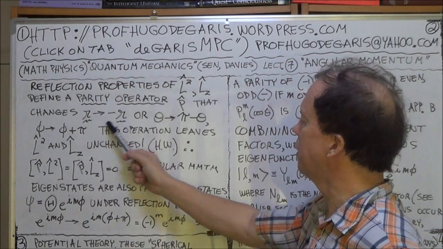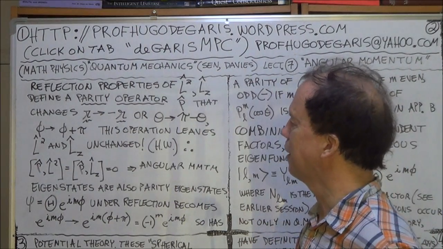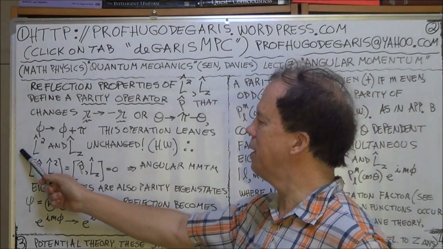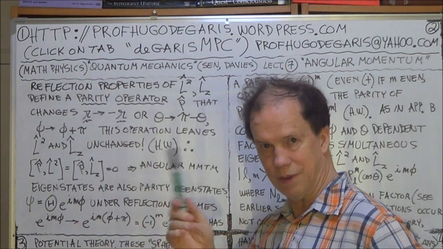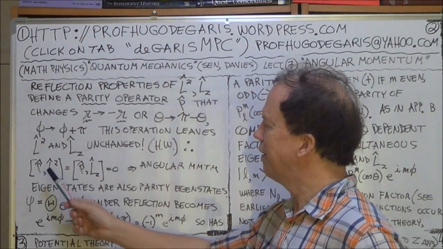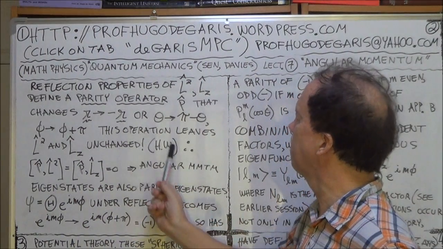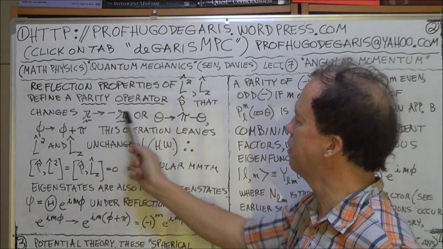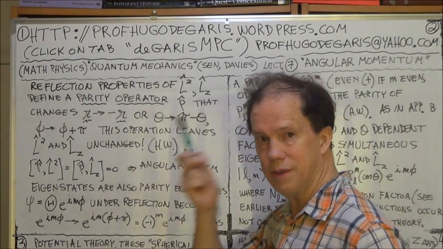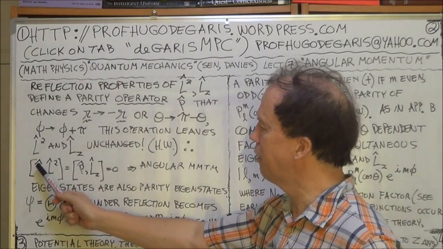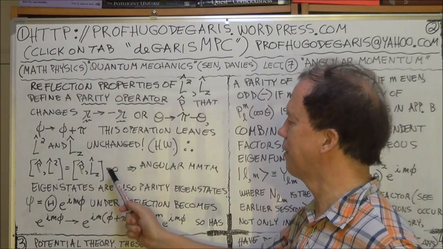If you call these operations P hat, so they're like parity operators, and you apply P and then L squared, you get the same thing as if you did L squared then P, because P doesn't make any difference. Then the commutators are 0. So the parity operator P commutes with L squared, and the parity operator commutes with L_z.